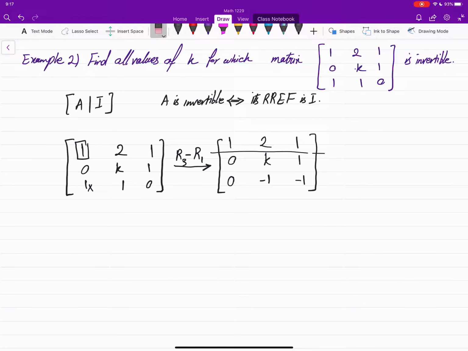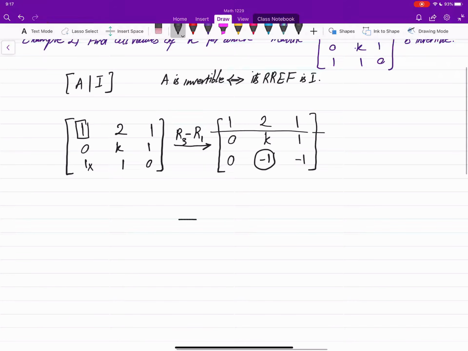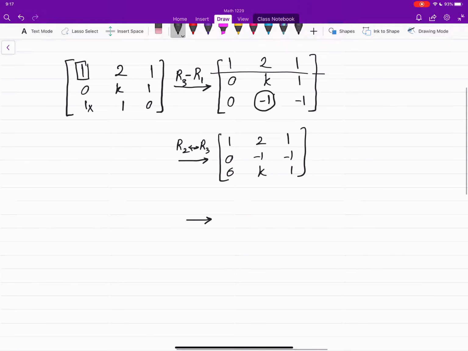So it means that here I want to choose this guy to be my next leading one. So choose it, move it, turn it to 1, and then reduce the column using the 1.